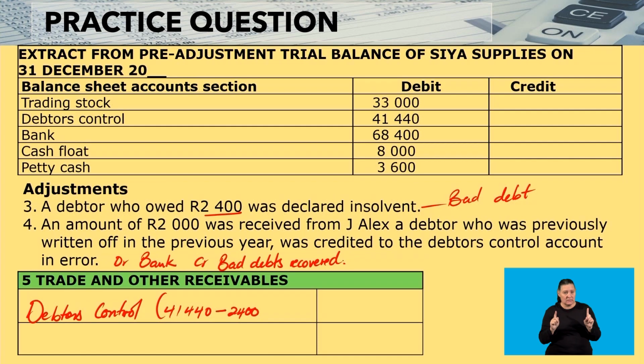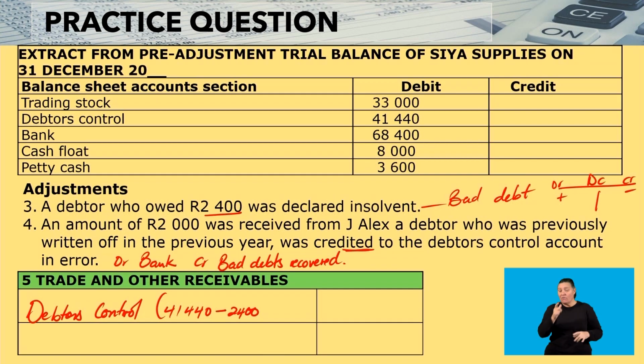However, when this amount was recovered, we are told that we credited it to the debtors control. Remember that your debtors control is an asset account. On the debit, it is a plus. On the credit, it is a minus.